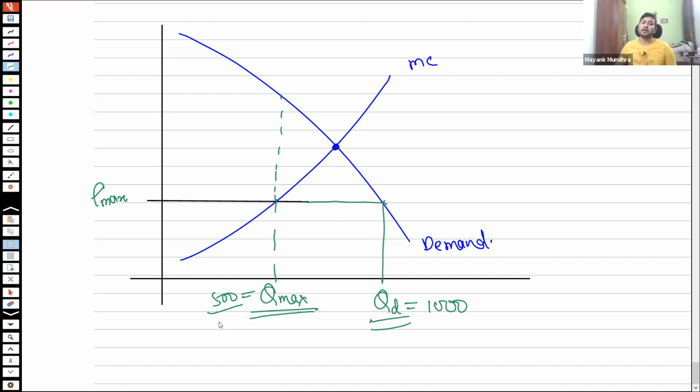So what happens now is a distribution nightmare or distribution problem. Basically, people are demanding a lot of this product, but there's very little available in the market because the price is kept artificially low. So producer surplus is always going to be this.